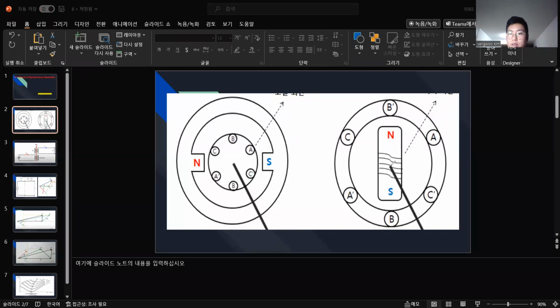Look at this part here. It's connected to the prime mover. You know what I mean? This part we say rotor, and it's connected with the slip ring and brush, and then DC.